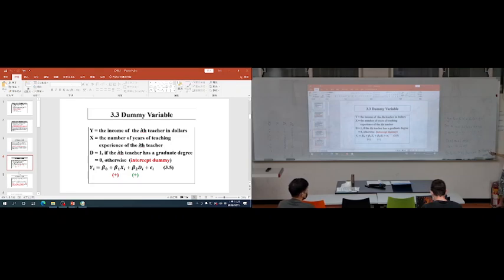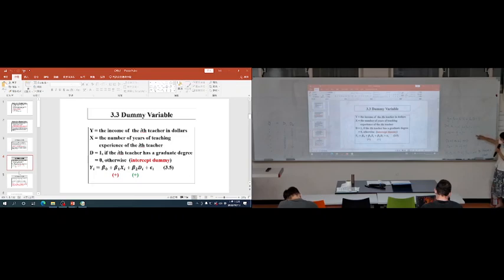How does that show? Two parallel lines, right? You see what I'm saying here? One is for d equal to 1. The other one is d equal to 0.